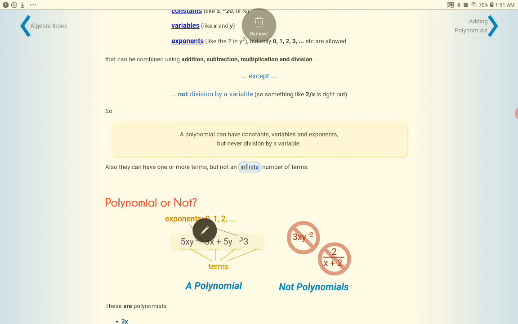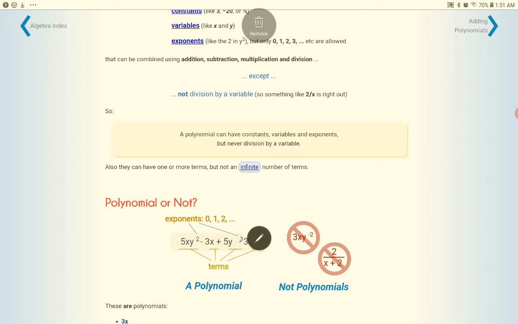So here's another example of a polynomial. This is a 4-term polynomial. 5xy squared minus 3x plus 5y cubed minus 3. I think that little 3 right there is just a little over to the right too far. It's supposed to be on that y. So my exponents here are, let's see, my exponent on the x is a 1, and then on the y it's a 2, and then on this x it's a 1, on this y it's a 3.